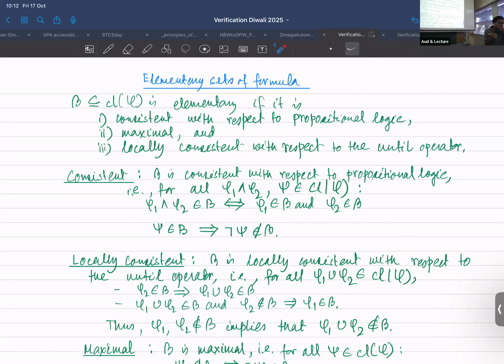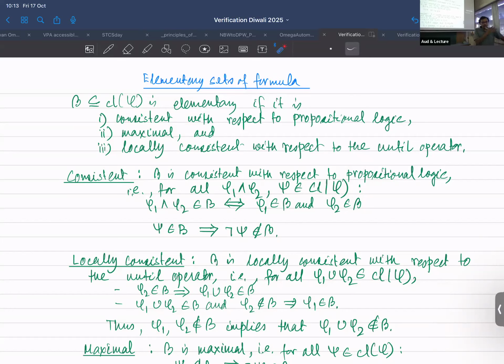Then it has to be maximal. What is meant by maximal? You can't add something else to it. The other definition of maximal is that for every formula phi, either phi is there in beta or negation of phi has to be there in beta. One of them has to be true.